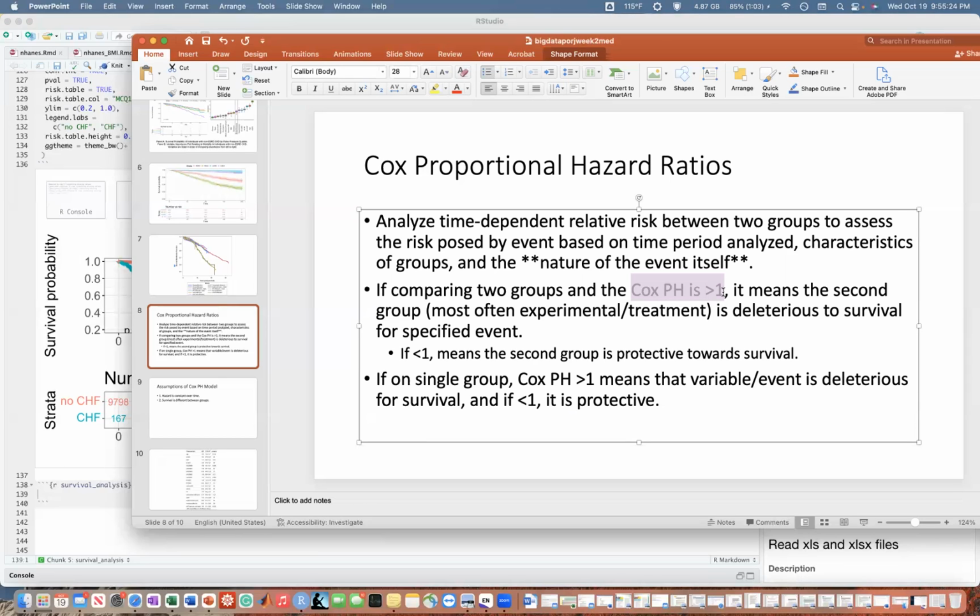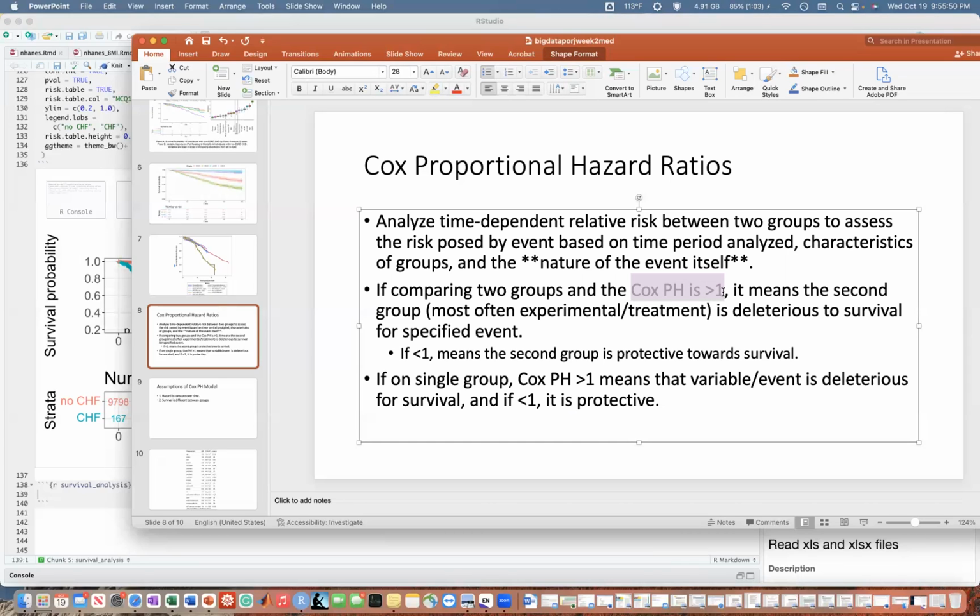Say comparing freshmen and seniors on dining hall usage. It's not really survival, but I'll tell you why that's useful. A hazard ratio tells you the likelihood of the event of interest. So not always survival, if that's your event. Like say your event is whether they go to a dining hall.